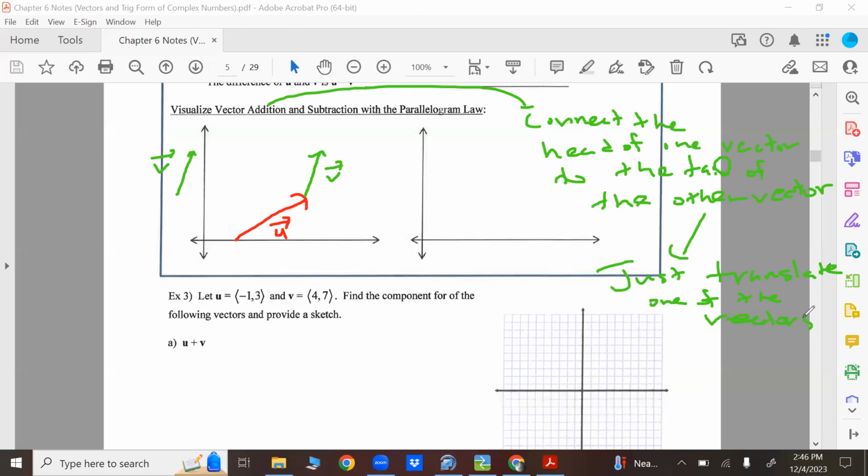Don't dilate, because you change the magnitude, and don't rotate, because you change the direction. You simply just translate. Just shift it that way, or shift it up or down. Okay, so when you add the vectors, it looks like this, guys. That right there is considered U plus V.